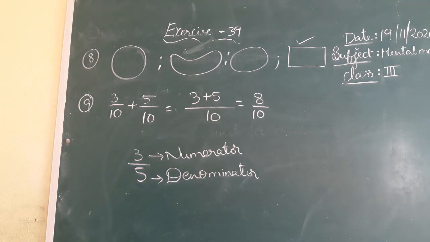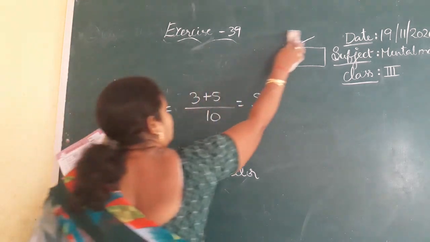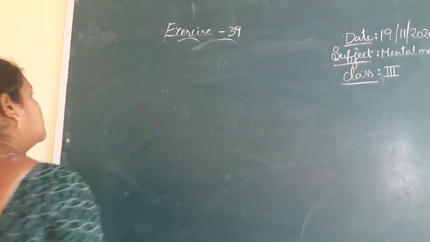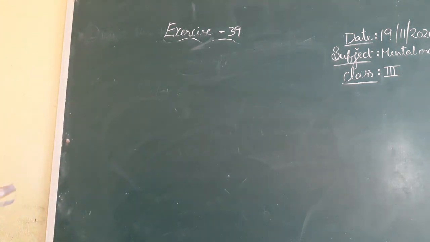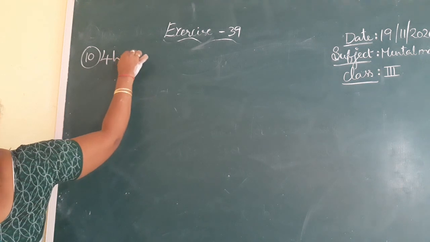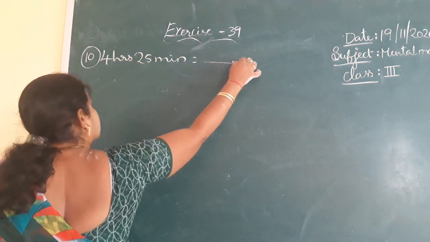Next one. 4 hours 25 minutes. 10th one. 4 hours 25 minutes is equal to how many minutes?